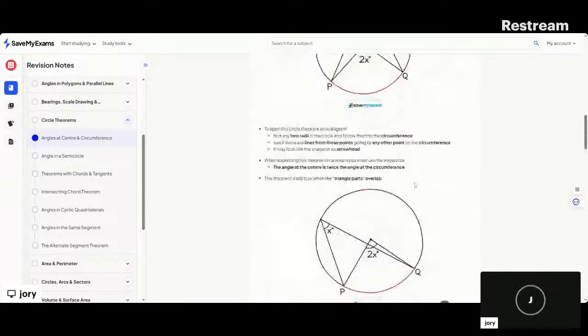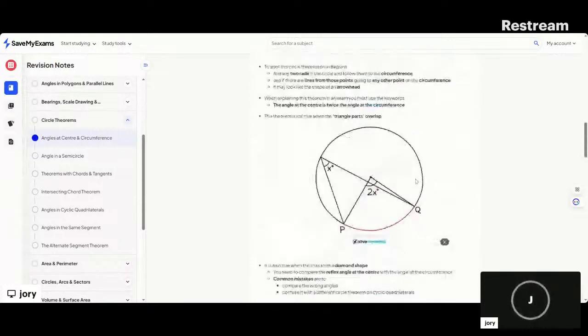Okay, to spot this circle theorem on a diagram, find any two radii in the circle and follow them to the circumference. See if there are any lines from those points going to any other point on the circumference. It may look like the shape of an arrowhead.